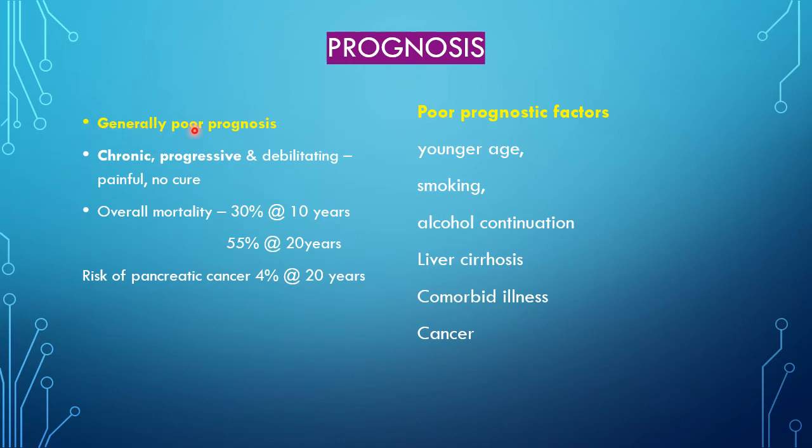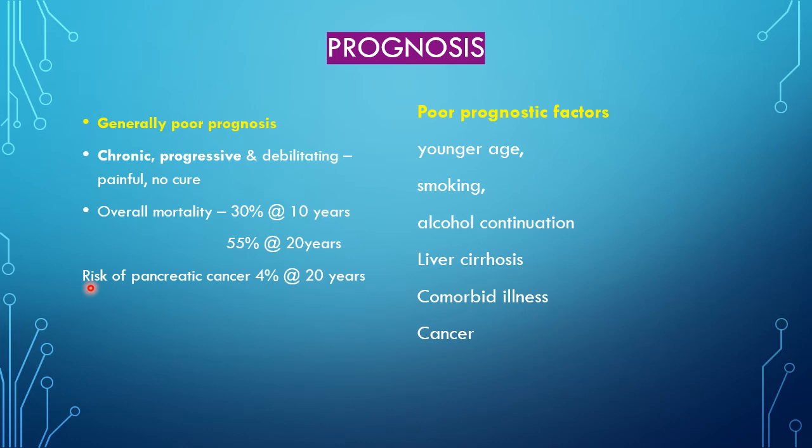Generally, the prognosis is poor. It tends to become chronic, debilitating, and painful, with no cure. Overall mortality is 30% at 10 years and 55% at 20 years. The risk of pancreatic cancer is around 4% at 20 years.